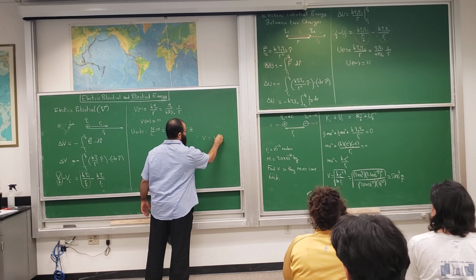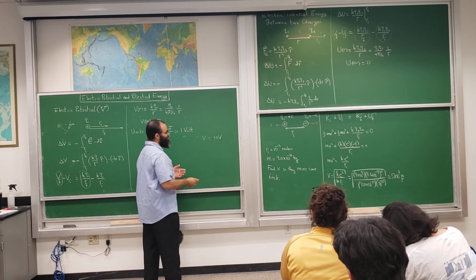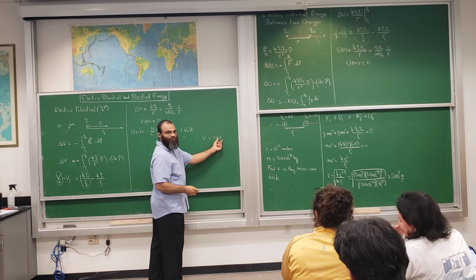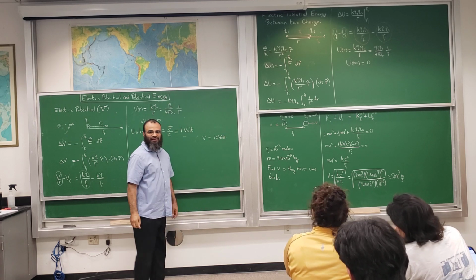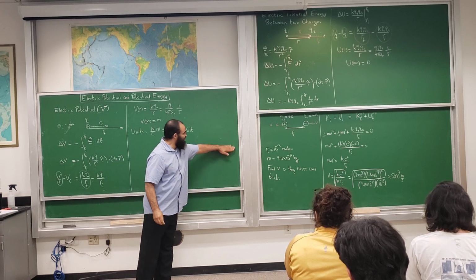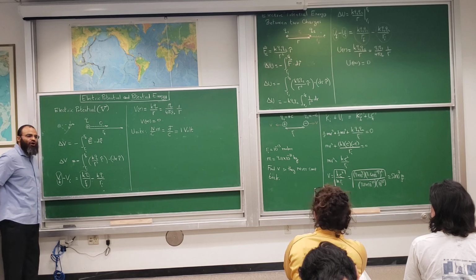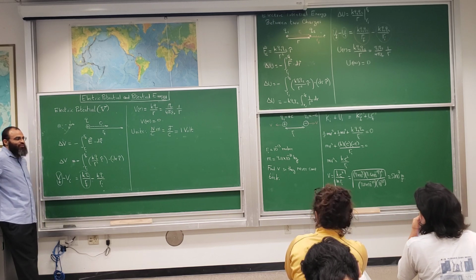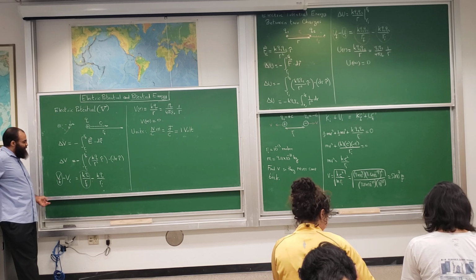To say V is 10 volts seems like x equals 10x, but really one is the quantity, this is the unit. So that's why I usually write it out, so there's no confusion. So a joule per coulomb is a volt, okay?